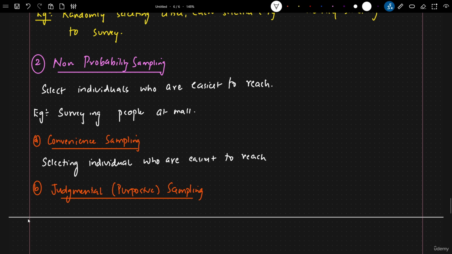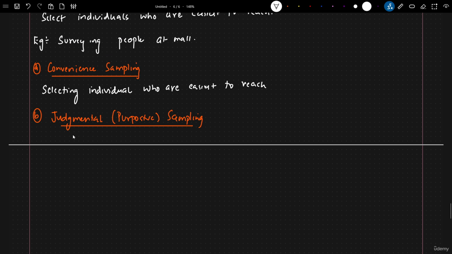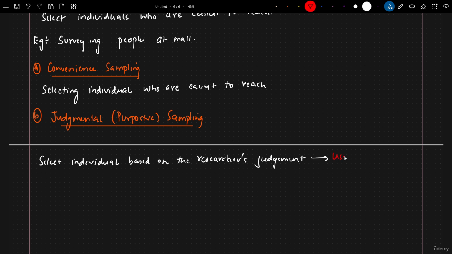Here we select individuals based on the researcher's judgment about who would be most useful or representative.